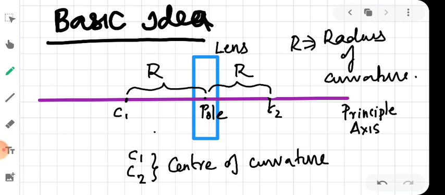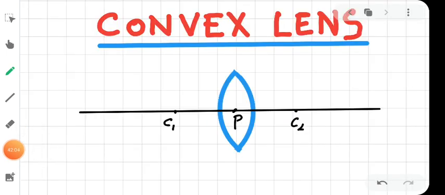So now we need to develop the idea of the ray diagram. We will have to see how a ray diagram works using this setup. Now what we have here is the convex lens. Whether it be a convex lens or a concave lens, we can understand the ray diagram basically using four types of rays.